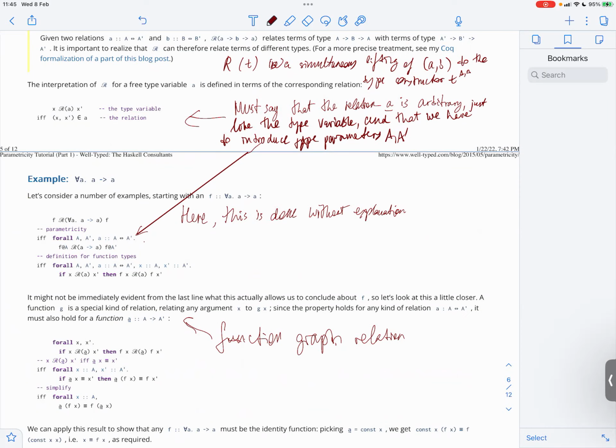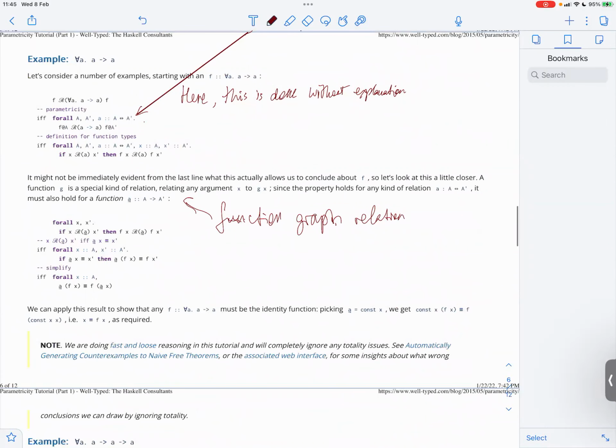In my tutorial, a central place is occupied by this construction where you have a relation R between, say, A and B, and you have a type constructor F depending on a type parameter A, and then maybe some other type parameters. And I lift the relation R with respect to the type parameter A. I obtain a relation like this, where all other type parameters are fixed.